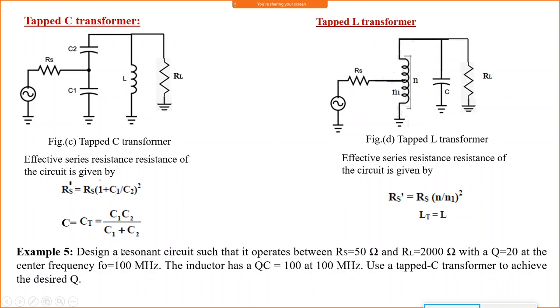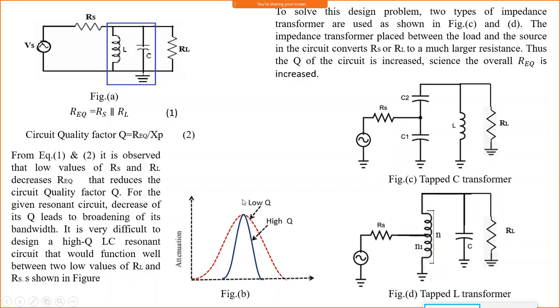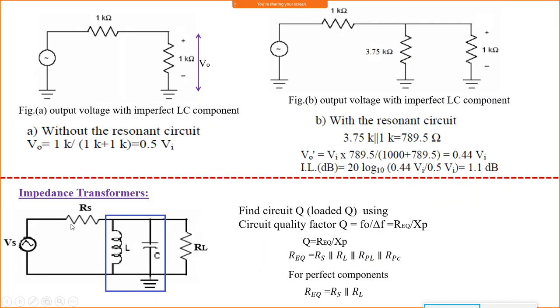Using these tapped L and tapped C transformers, there is a problem statement here. Understood? This is why we are using these impedance transformers, because we are not adding any extra component here.